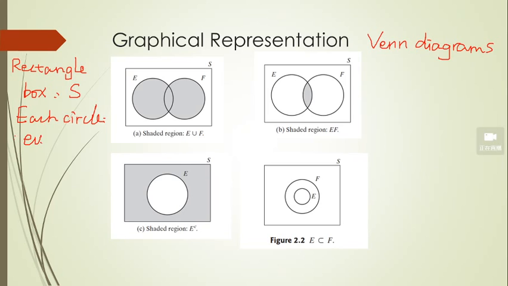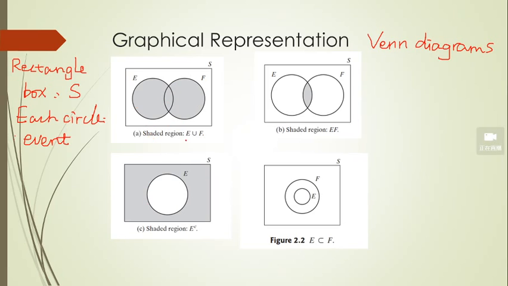So you will see the sample space is a box, and any event we are talking about should be included inside the rectangular box, which means any event is a subset. Now the first one.